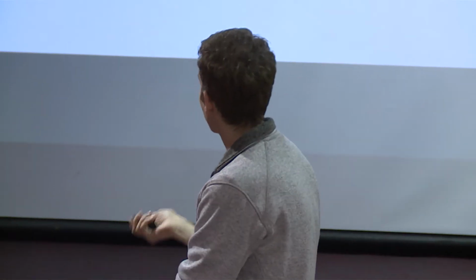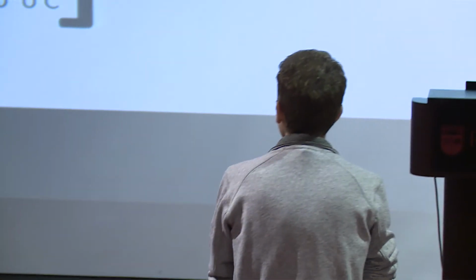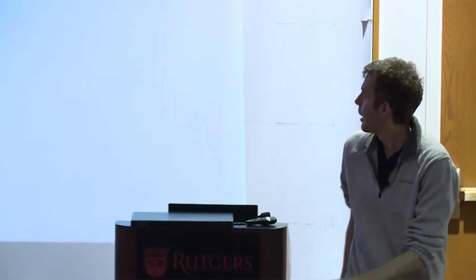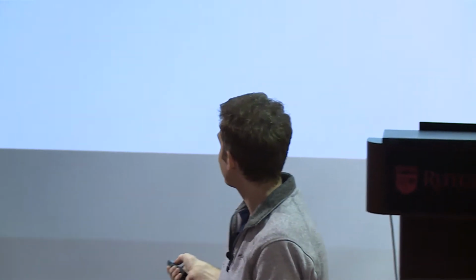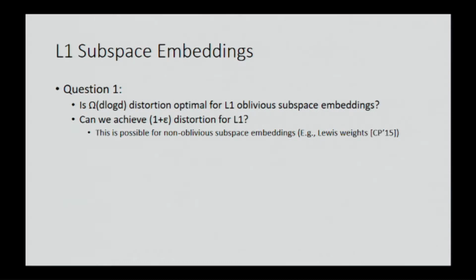But there are a lot of natural questions here, and so let me now get to this work. The first natural question is: is d log d distortion necessary for L1 oblivious subspace embeddings? Or can we achieve 1 plus epsilon distortion like we could for L2?